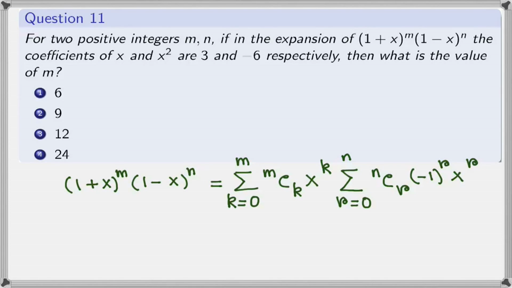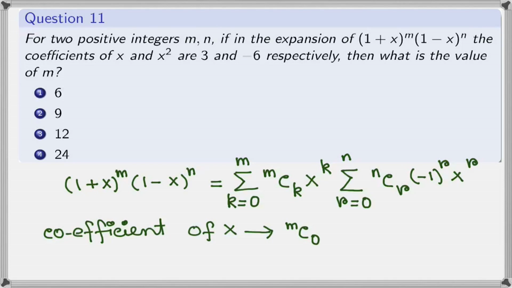It is evident that the coefficient of x is mC0 into minus nC1 plus mC1 into nC0, that is minus n plus m, and we are given that this is equal to 3.